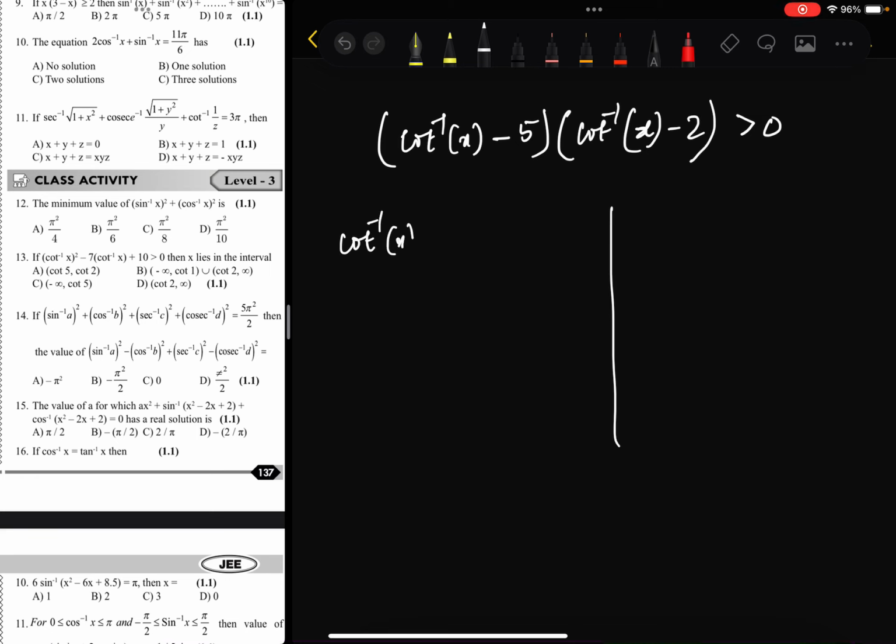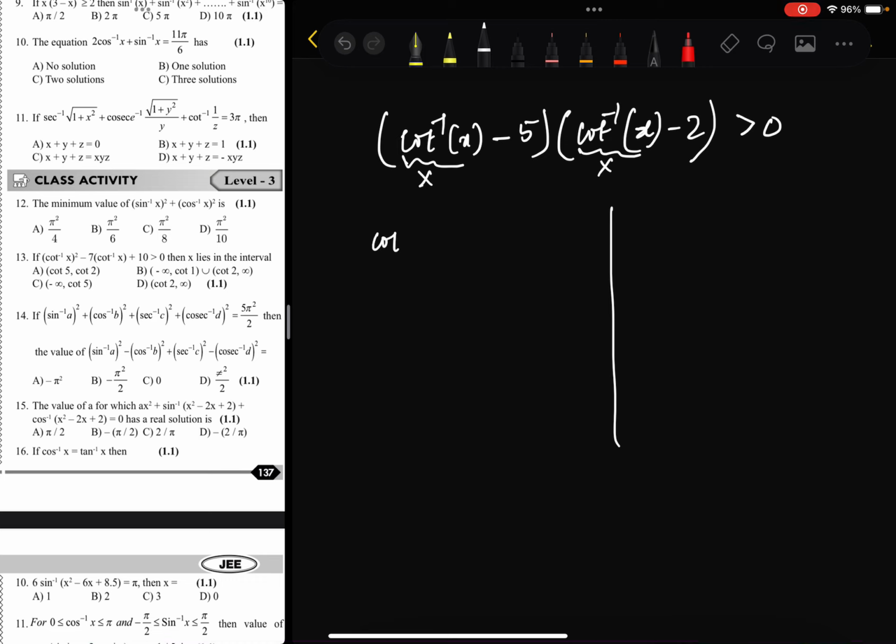Because the greater than sign is there, suppose I take this one as capital X. For any quadratic inequality, if the greater than sign is there, the answer will be beyond the roots.